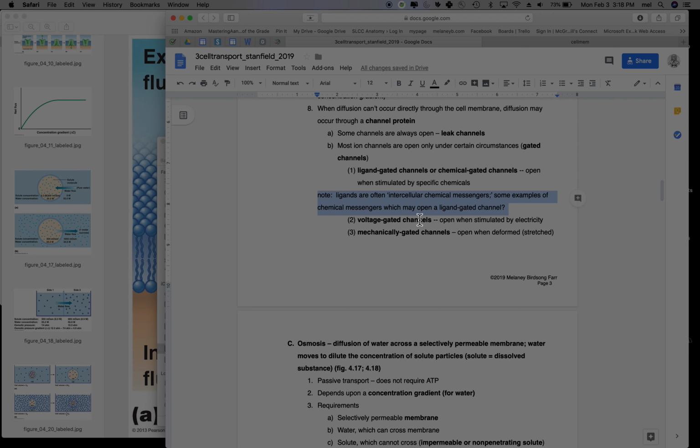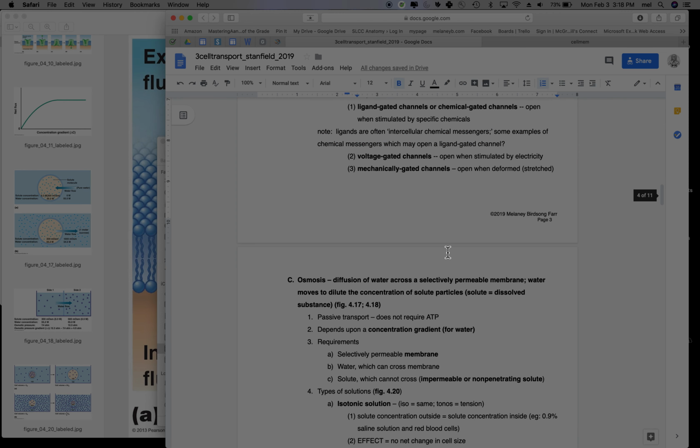Okay, and then the other really, really common channel that we're going to see all the semester is one that is only opened when you change the electrical state of the cell. So if you zap the cell, that's what will open it. So if the cell was sitting there at a voltage of 0 millivolts and you zapped it and it hit 55 millivolts, that's what would open it.